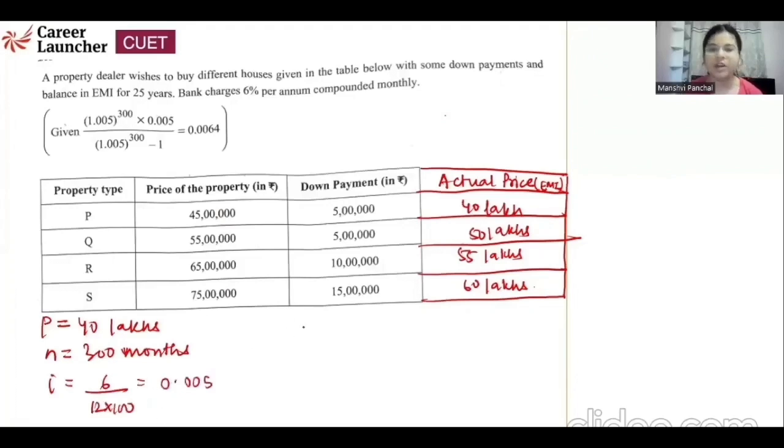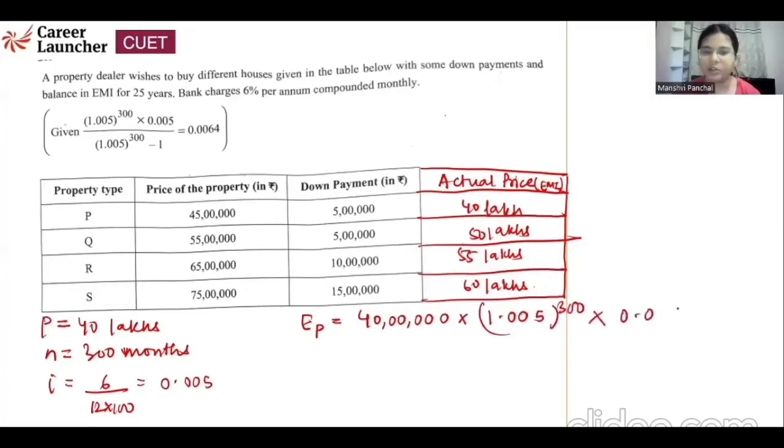So if EP is the EMI for property P, then this will be your 40 lakhs into 1.005 raised to the power 300 into i, right? So 0.005 upon 1.005 raised to the power 300 minus 1.